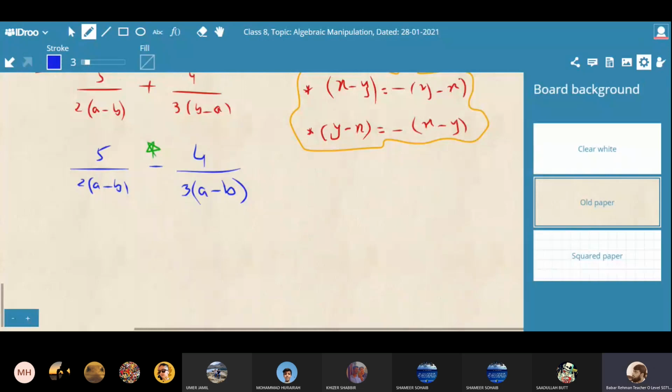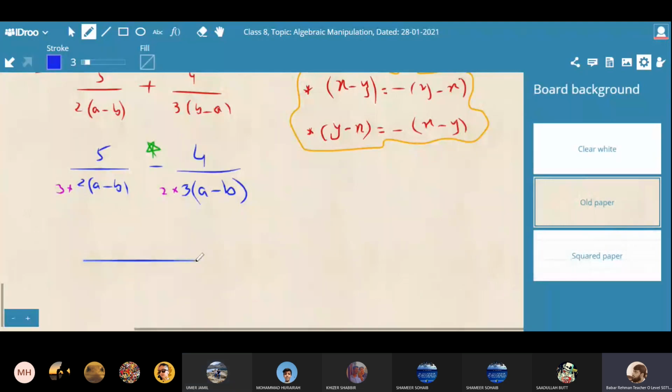By making the same denominator, what should I do now? Sir, we have to multiply 3 by a minus b and multiply 2 by a minus b. Okay, very good.